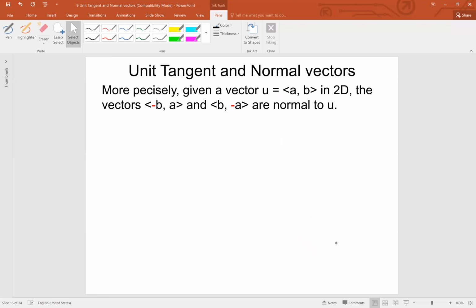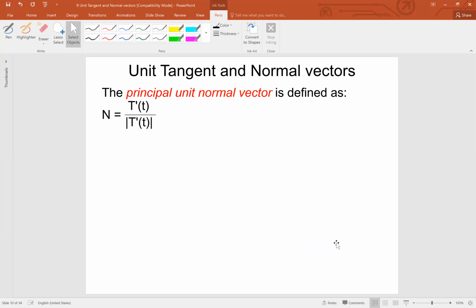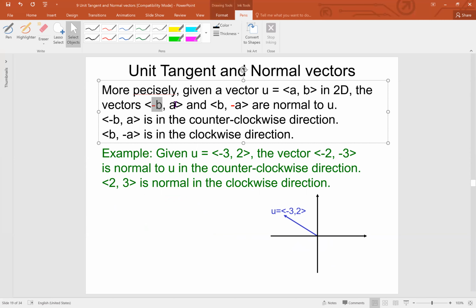Okay, and in 2 dimensions, instead of calculating these, finding the unit tangent, then taking the derivative of these and unitizing again, we can recognize this very easily visually. Because for a vector, there are only 2 directions that are perpendicular to it, and the way you get these 2 directions, you just switch the coordinates around, and one of them is set to be negative.